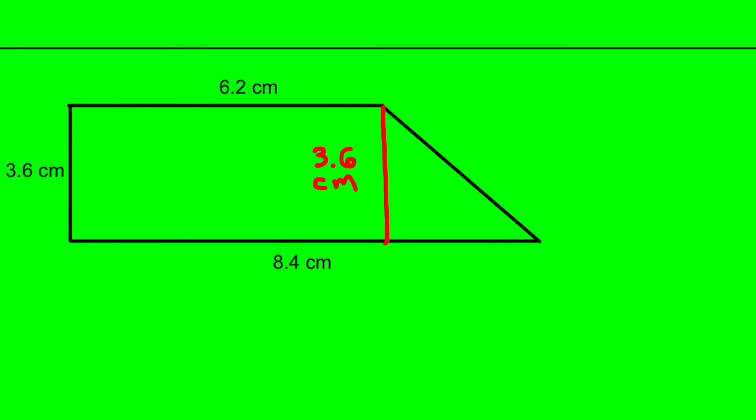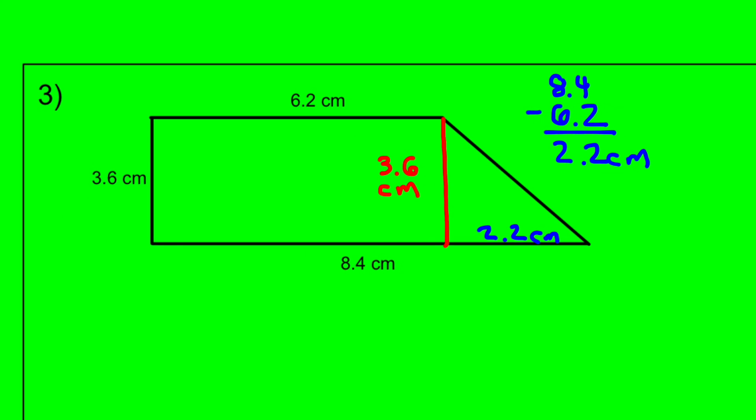So I'm going to take my distance, 8.4 minus 6.2, and I get 2.2 centimeters. So I'm going to say here that this distance is 2.2 centimeters, because right here, 6.2 plus 2.2 would give this entire distance of 8.4. So now I have a rectangle and I have a triangle.